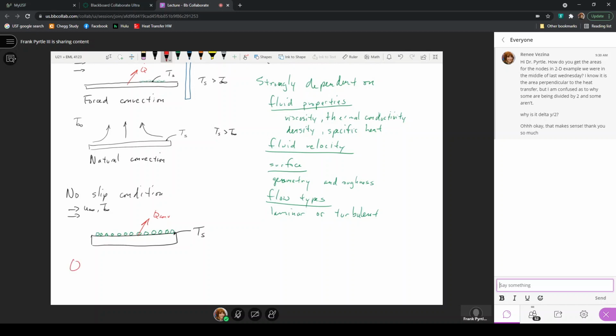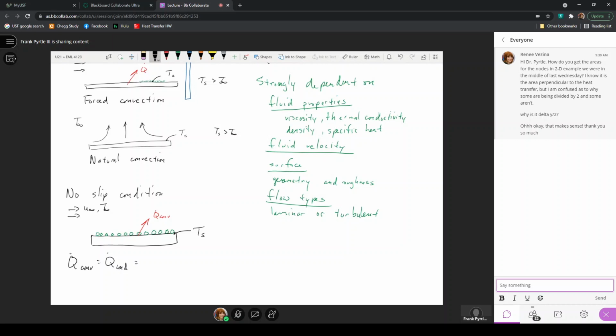So basically what this says is that the heat transfer rate by convection that occurs from the surface into the fluid must be equal to the heat transfer rate by conduction that's occurring through the stationary set of molecules.